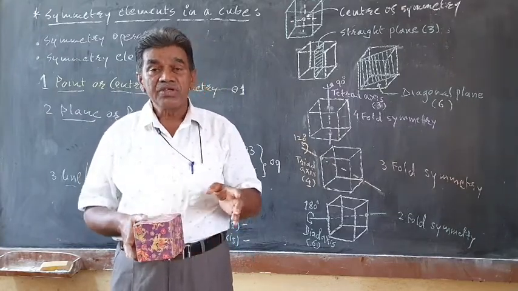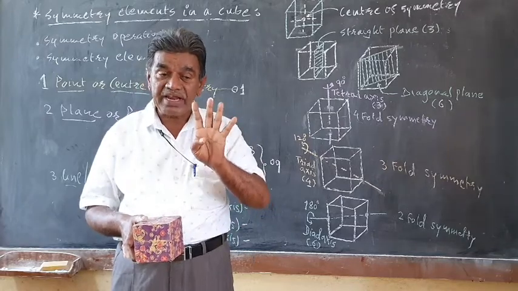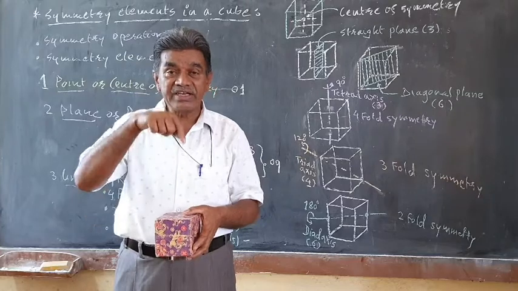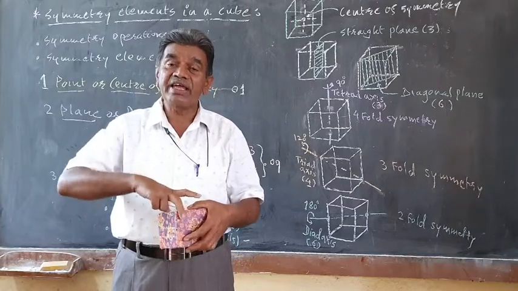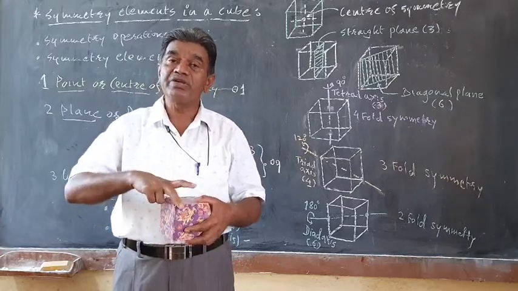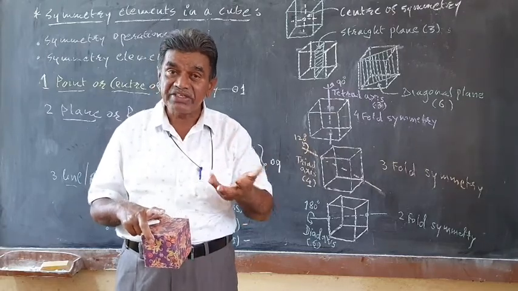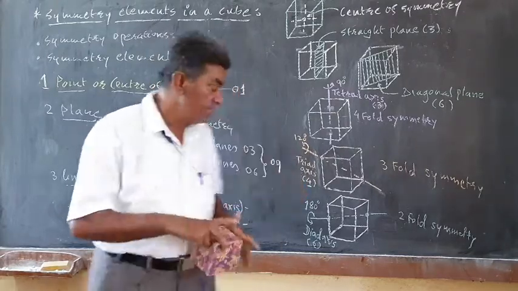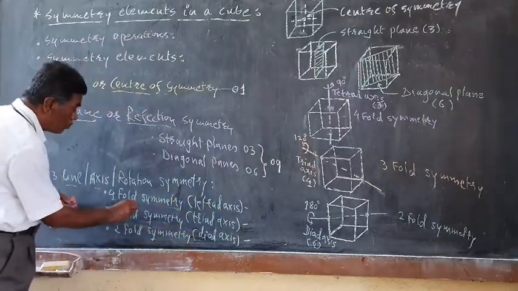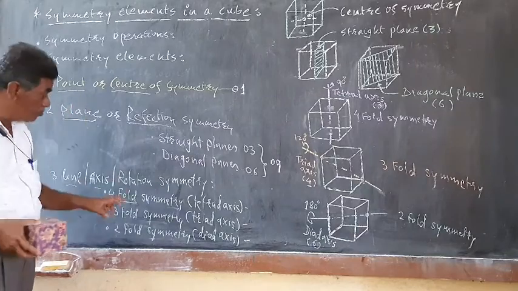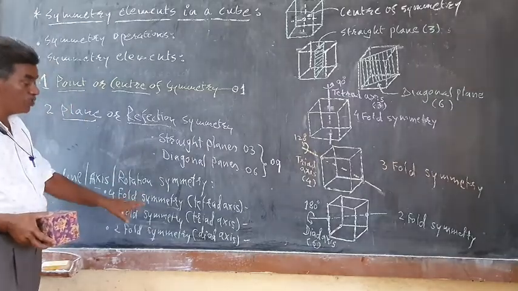If the same configuration is obtained 4 times in one rotation about that line, we can consider the line, and about that line we can rotate the crystal, and within one rotation the crystal shows the same appearance 4 times, then it is called fourfold symmetry. Why is it called fourfold? The same appearance occurs 4 times, so it is called fourfold symmetry.